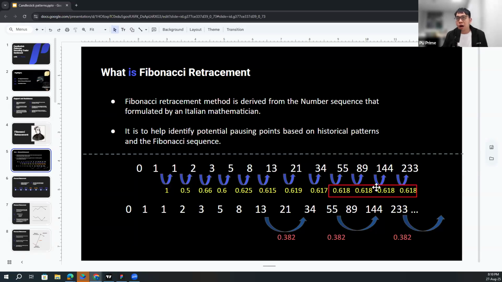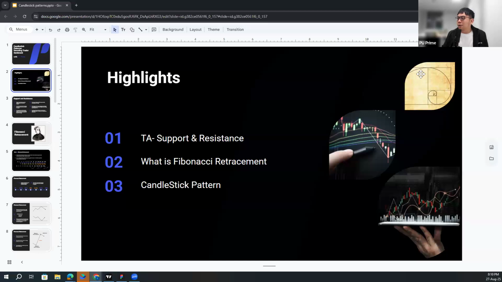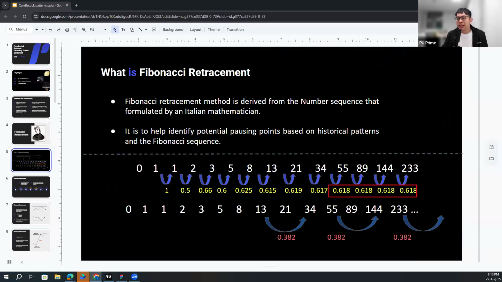So this is the magical number in the world. If you are an artist, when you start drawing, they come up with this, I don't know what it is called, because I'm not an engineer or scientist. They found this, it's the beauty: the world is basically built on this Fibonacci sequence. When you put Fibonacci retracements on any charting or technical analysis tool, you will find other numbers like 0.382.